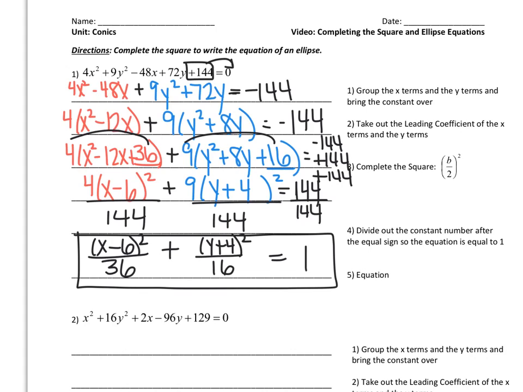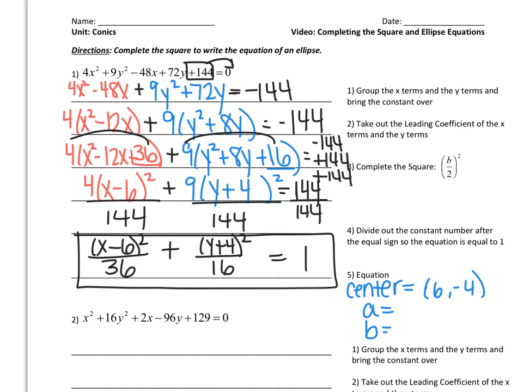All right, so just to write this, I know I didn't ask you, but my center of this ellipse would be, if this is a negative 6, it would be positive 6 and negative 4. So positive 6, negative 4. My a value would be the square root of the bigger number.